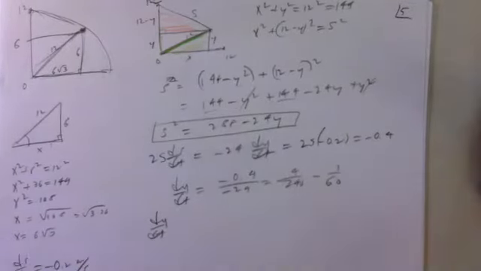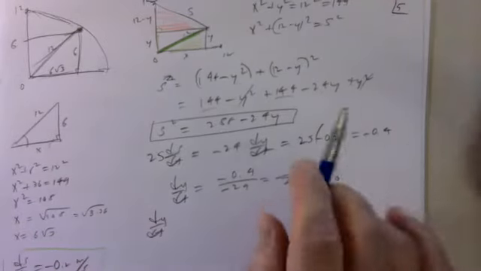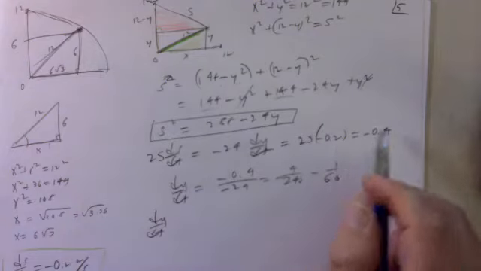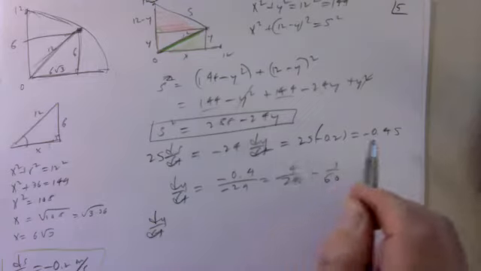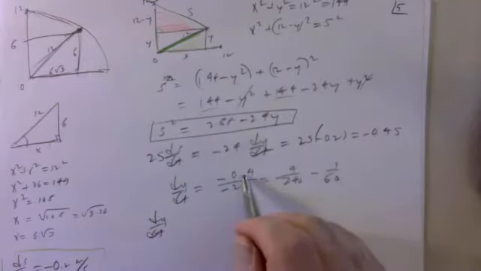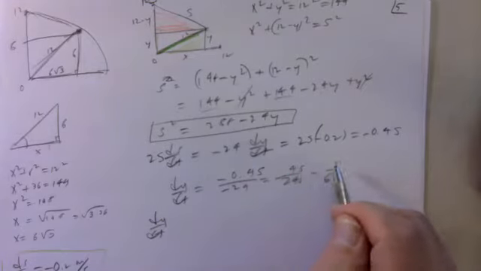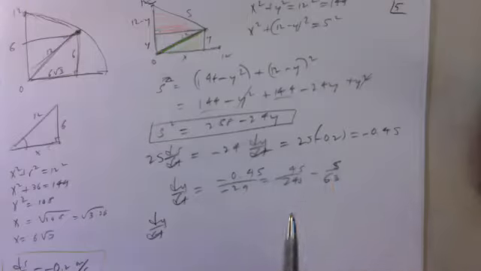Okay? This was our initial data. So minus 0.4s. So dy/dt is minus 0.4s over 24. That's 4s over 240, or s over 60.